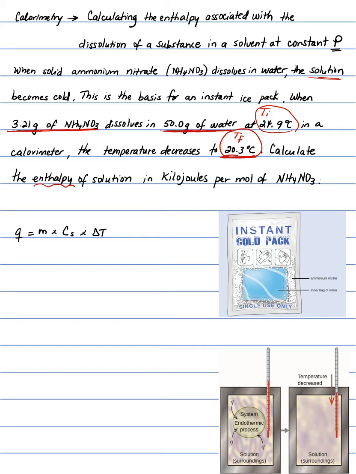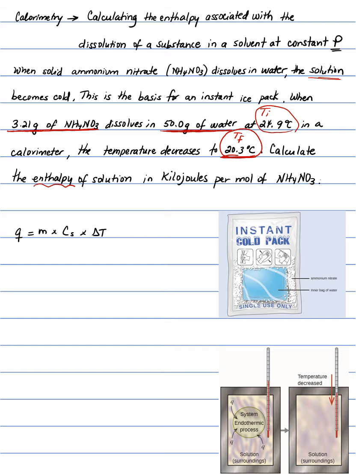So if your solution is composed of your solute, which is the ammonium nitrate, and you have 3.21 grams of that one, and the solvent, which is water, and you have 50 grams of that one, the mass of your solution is going to be given by the addition of the mass of your solute plus the mass of the solvent.